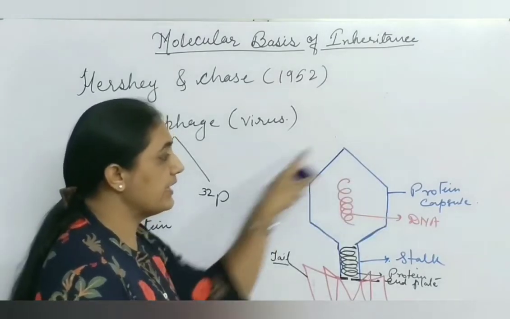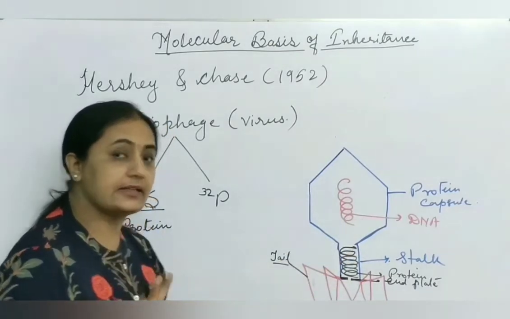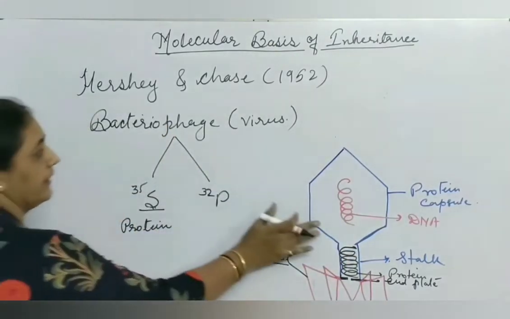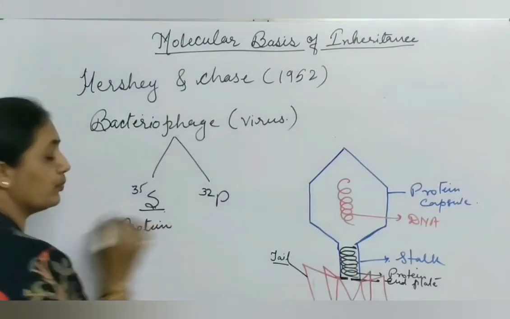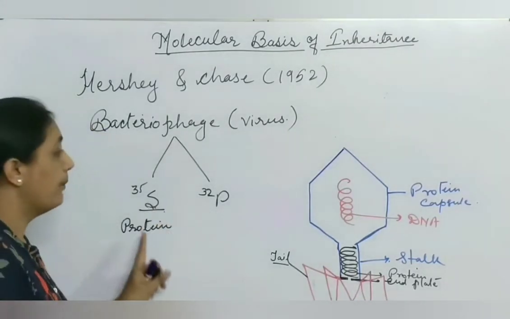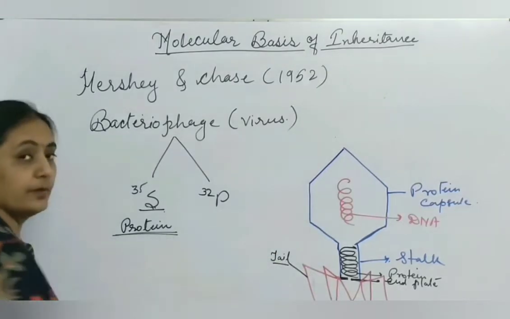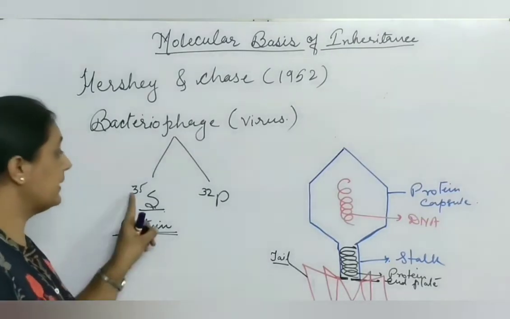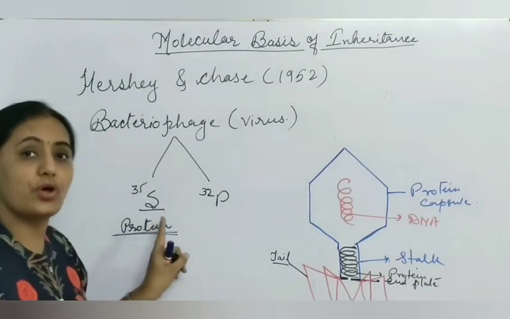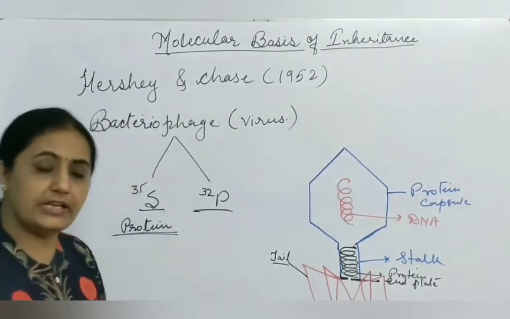So in this organization, what is there? Protein is there as well as DNA, only two things. When these bacteriophages are cultured in the medium of isotopes of sulfur and phosphorus, the protein part will show the presence of sulfur isotopes, since sulfur is a component of protein, whereas phosphorus is a component of DNA.